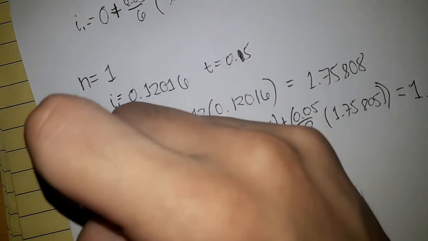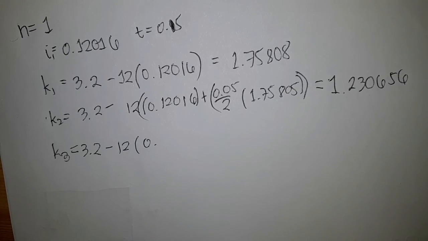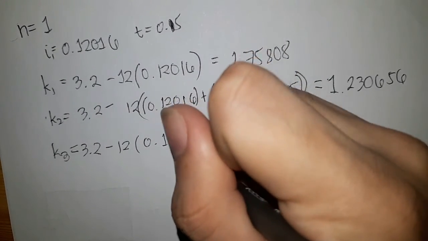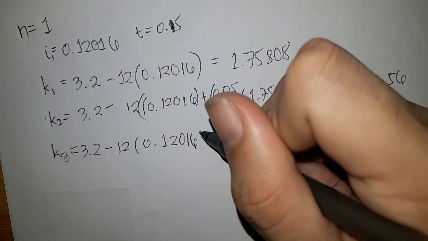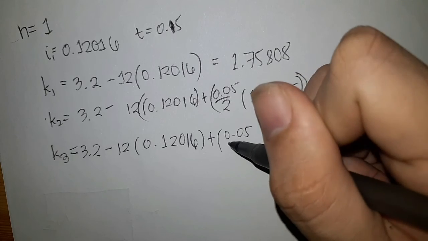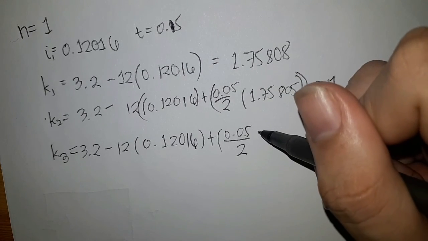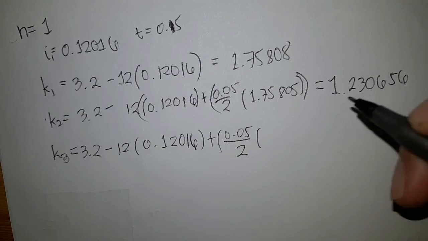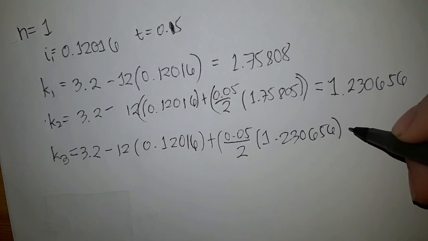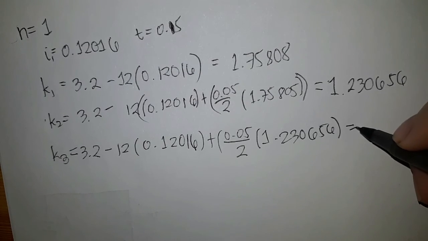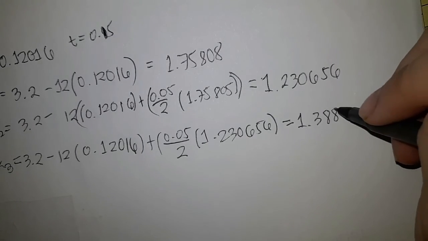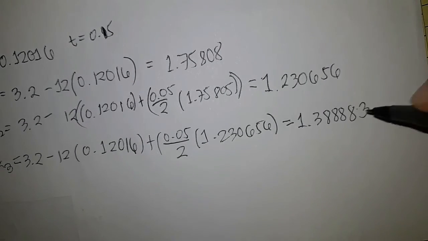So K3 is equal to 3.2 minus 12 times the quantity of 0.12016 plus 0.05 divided by 2 times K2, which is 1.230656. So K3 is equal to 1.388883.